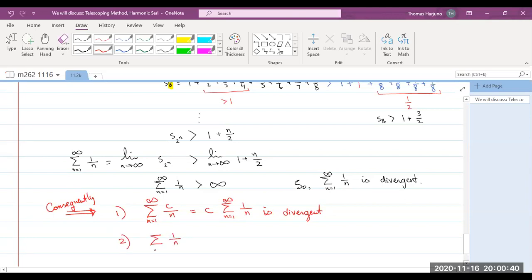Even if you don't start from 1, let's say you start from n equals I, as long as it goes to infinity, you don't have to start from the first 1 over 1 or 1 over 2. You can start from 1 over 7, for example. This is still divergent.